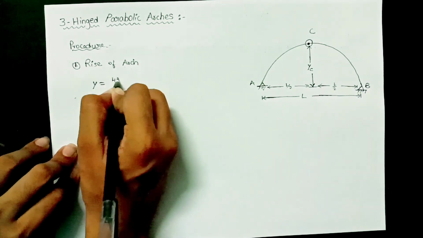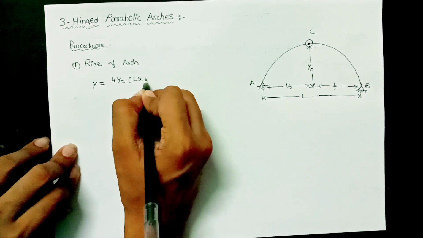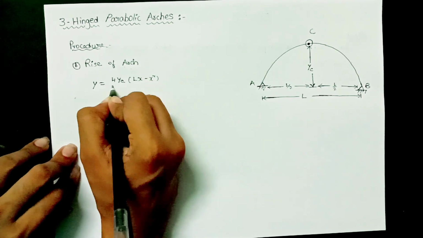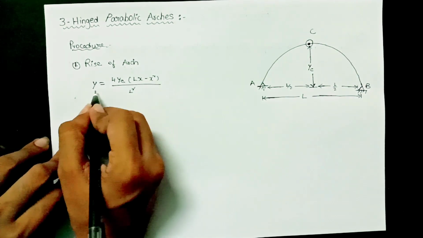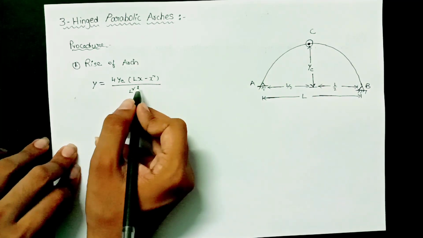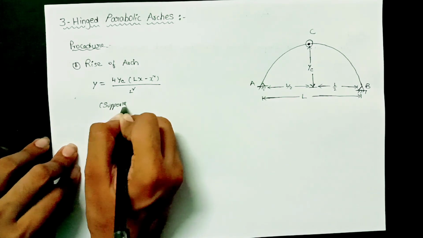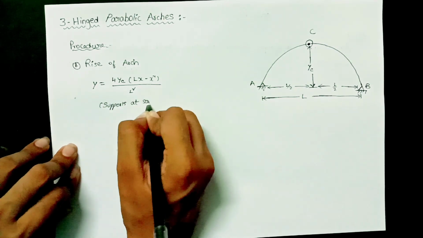From those properties, the formula is derived as 4yc into (Lx minus x square) by L square. This is the formula for calculating the rise of arch when the supports are at the same level.